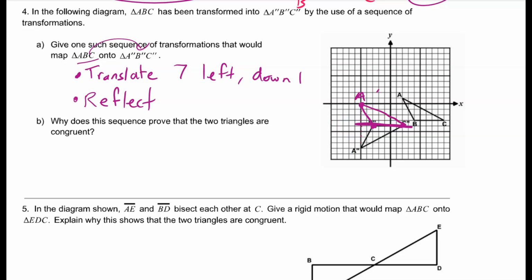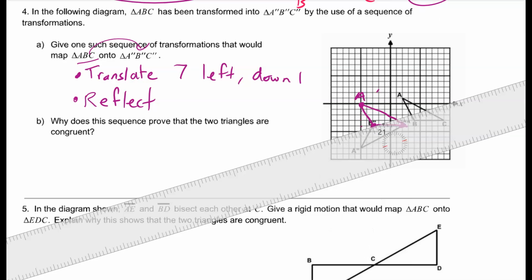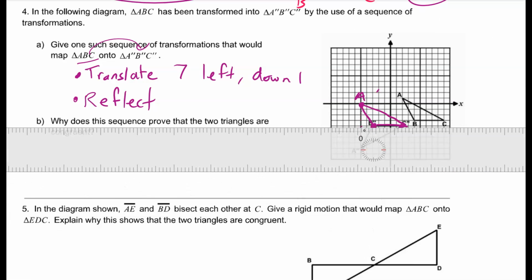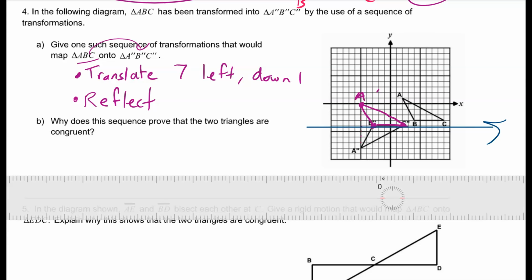So it's going to be this side that's made by B double prime, C double prime, and that's just a horizontal line right there. Remember that all horizontal lines are of the form y equals whatever that y value is, and that's 1, 2, 3, down 4. So I'm going to reflect over y equals -4 to get those two triangles to map onto each other.